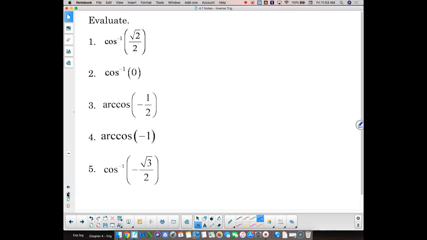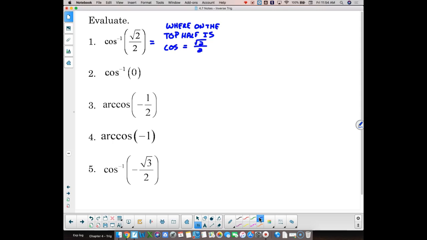Yesterday I told my classes that when I see the inverse cosine or arc cosine, one of the two, what I'm thinking in my brain is where on the top half is cosine equal to the square root 2 over 2.